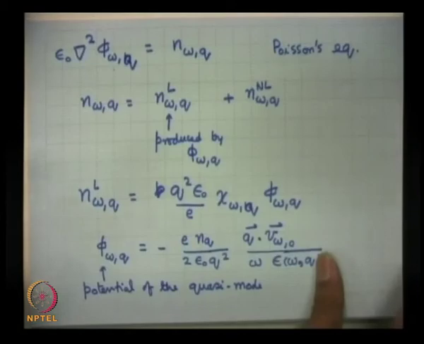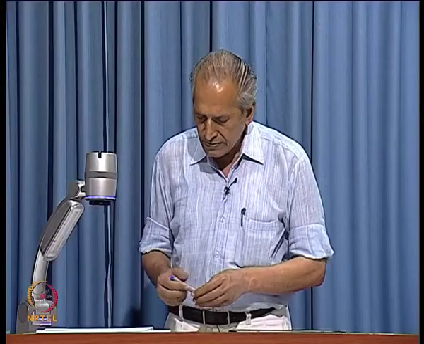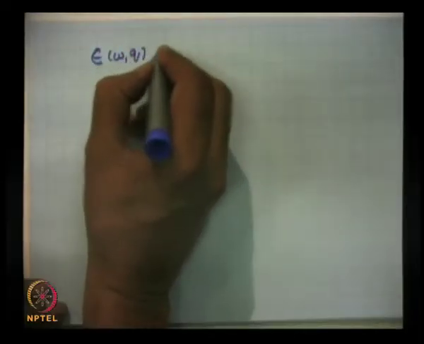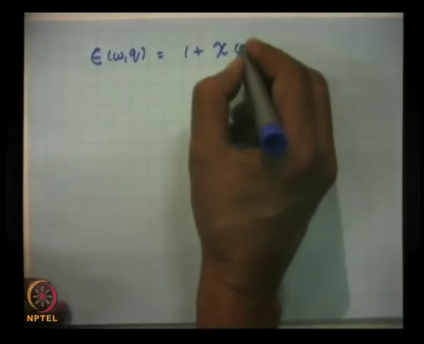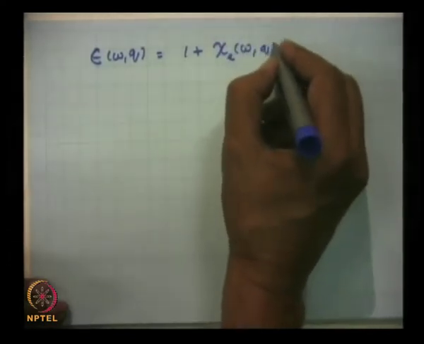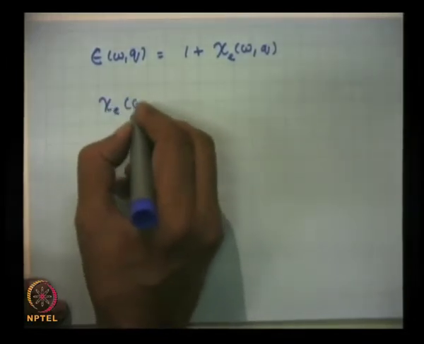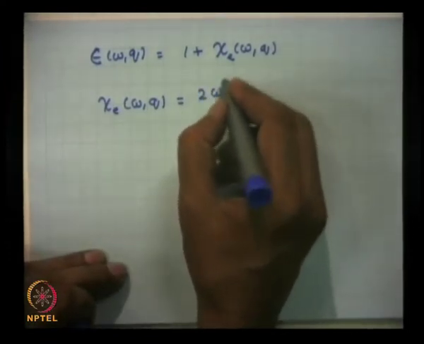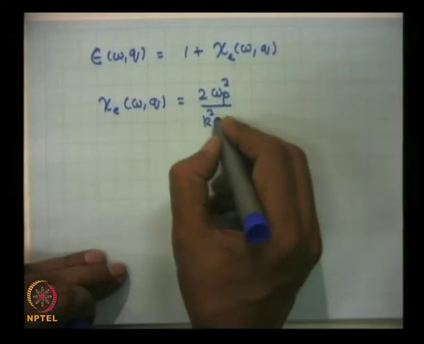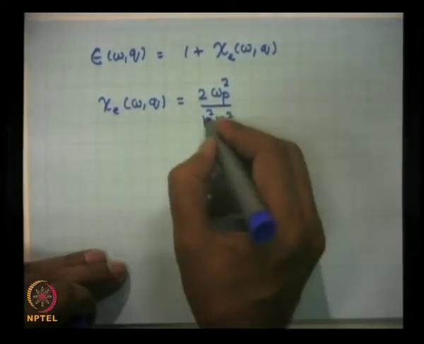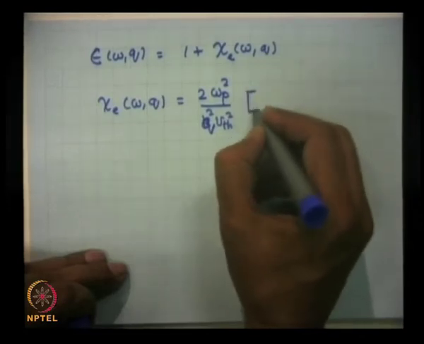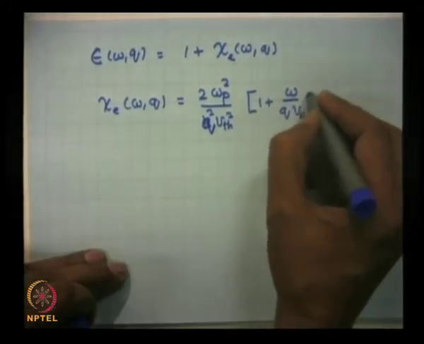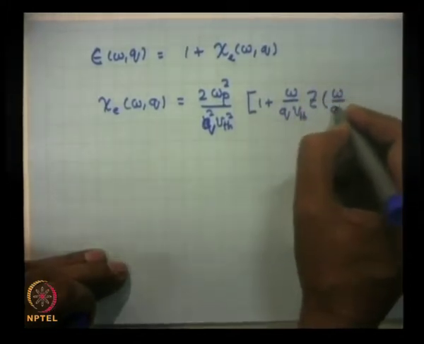Now here epsilon is one plus chi at omega, chi electron susceptibility at omega q, and chi e at omega q I had written in my last lecture as 2 omega p square upon k square V thermal square, k is actually q here, into 1 plus omega upon q V thermal Z function of omega upon q V thermal.